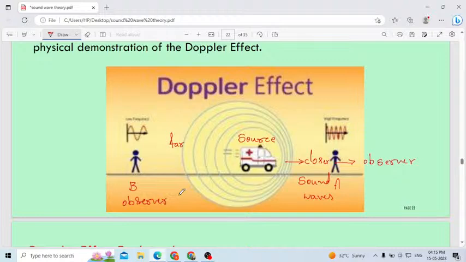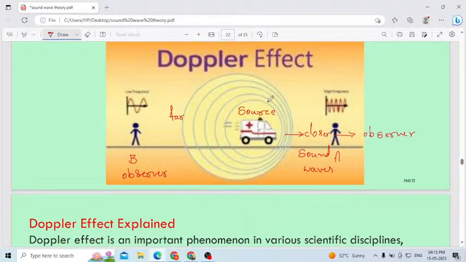Here, what you have to remember: when the source and observer are approaching each other, what will happen? The loudness of the sound, the frequency, the intensity of the sound, everything will get added up.